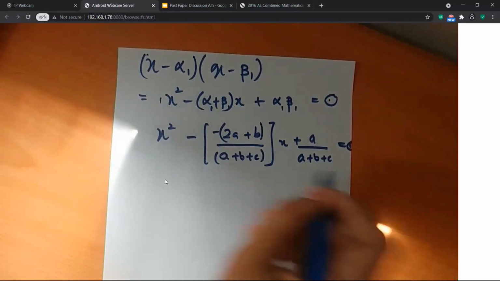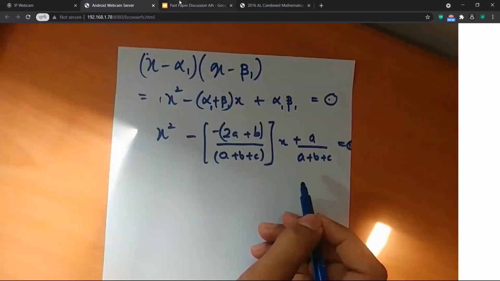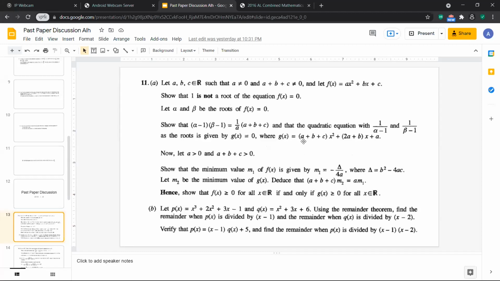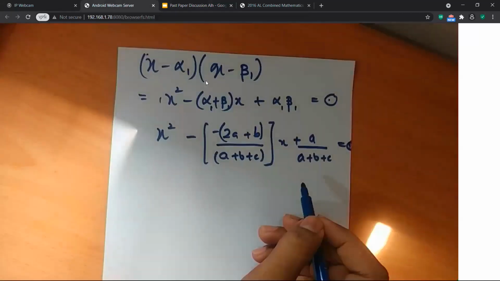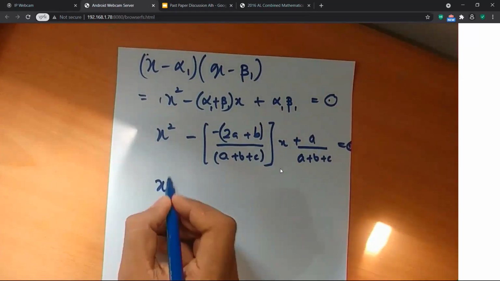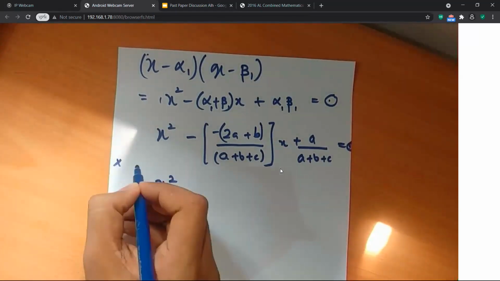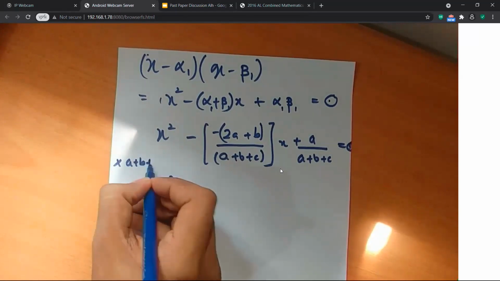So we simplify it. Before we simplify, look at the answer. What is the answer we need? It's in the format of g(x) equals a plus b plus c times x squared plus 2a plus b times x plus a. So if you look at the answer, it's very similar. If you take the a plus b, multiply the whole thing by a plus b plus c, and minus becomes plus, we'll get the exact answer we need. So multiply the whole thing by a plus b plus c.